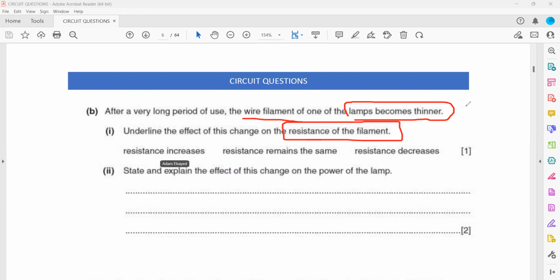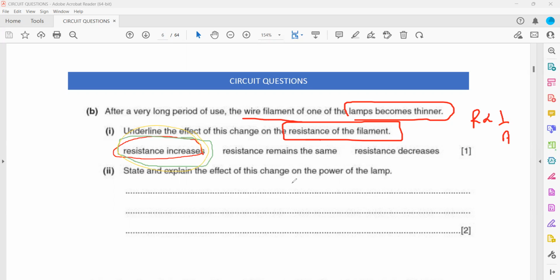It will increase, decrease, or stay the same. You can use the screen annotation to circle. The resistance will increase because resistance is inversely proportional to area.